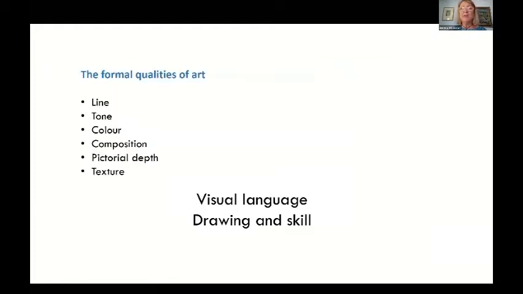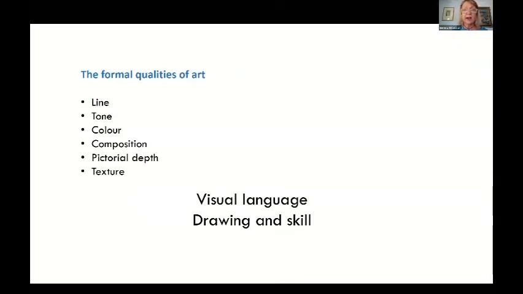Right, okay, we're going to move on now because, as you know, this webinar is all about why art is important for studying architecture. And I want you to think now about the formal qualities of art. We've looked at the formal qualities of two buildings, and we've got this idea of formal qualities of art. So things you need to consider are line, tone.